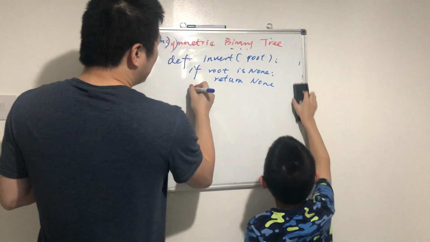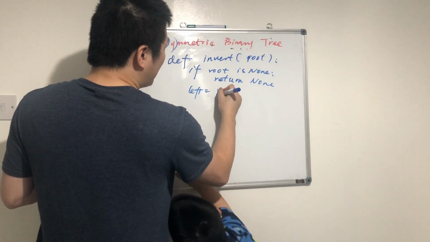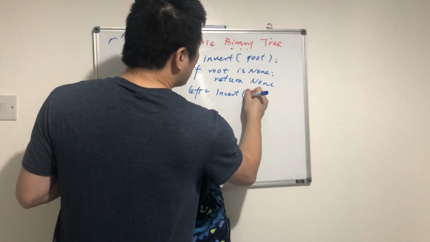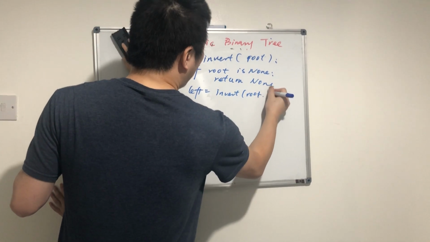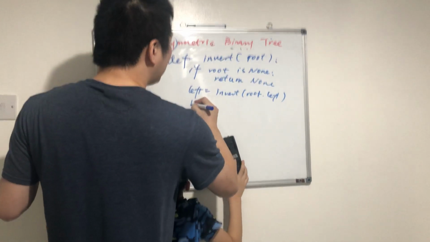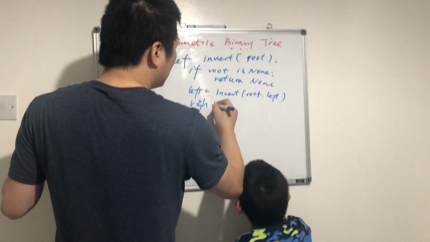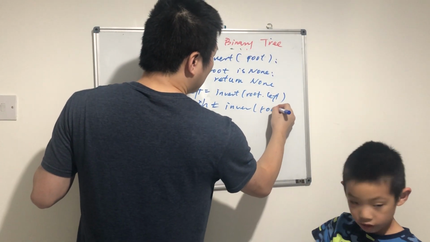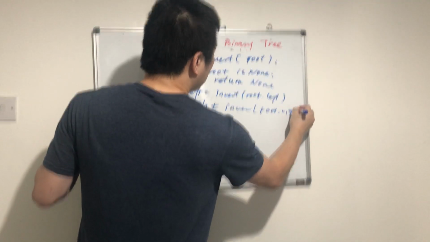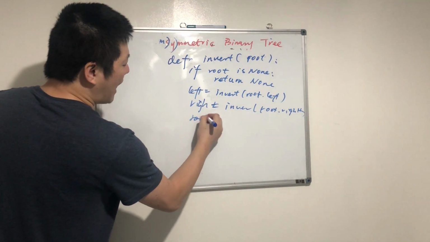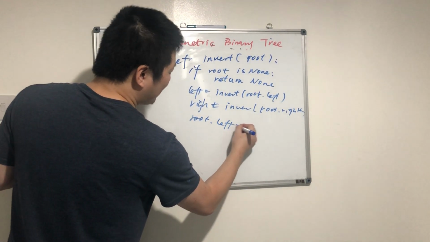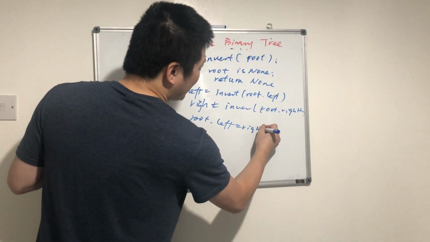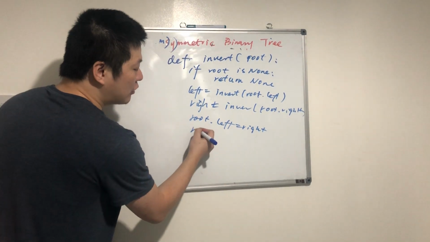And then left equals invert root of left, and then right equals invert root of right. Okay, and then we need root of left equals right, and root of right equals what?